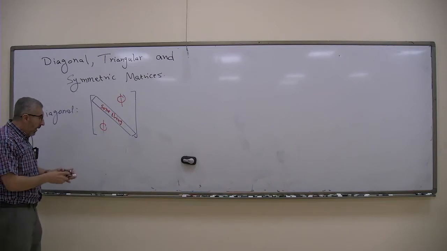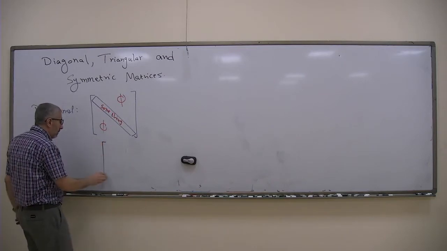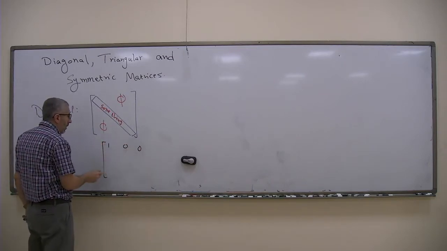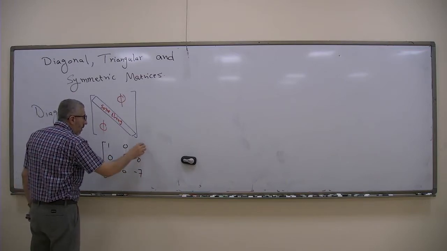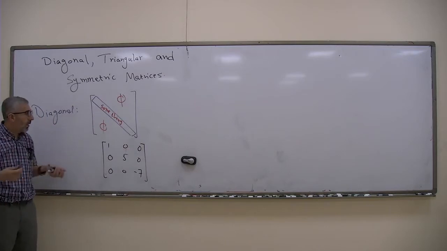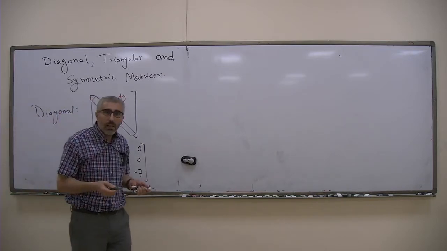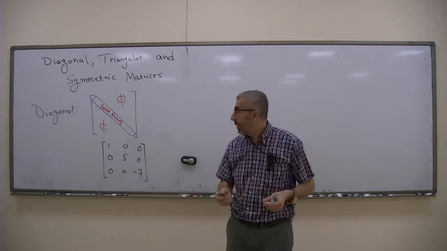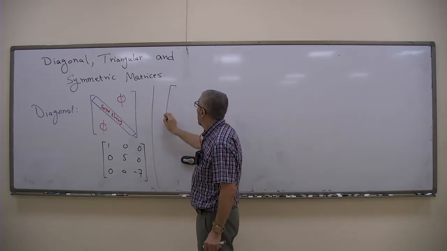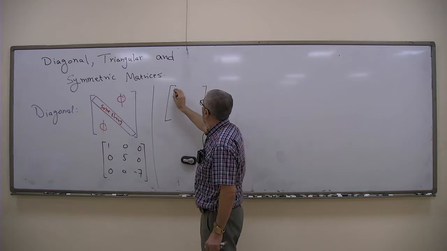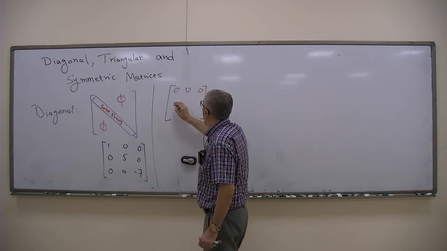For example, if I give you this matrix, 1, 0, 0, 0, 5, 0, 0, 0, negative 7, right away you say, well, this is a diagonal matrix. The identity matrix is a diagonal matrix. Okay? What about the zero matrix? Let's say 3 by 3.